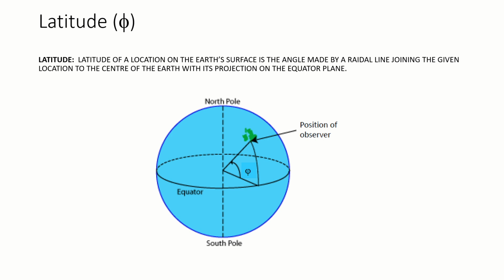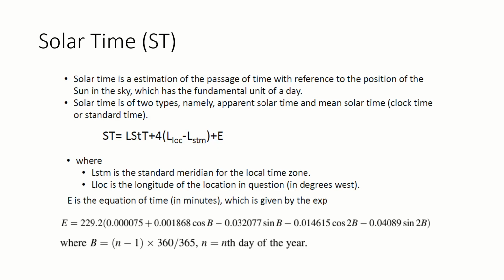As you can see, the Earth's figure, the North Pole and South Pole with respect to the equator, and the position of the observer with respect to the position on the Earth's surface.